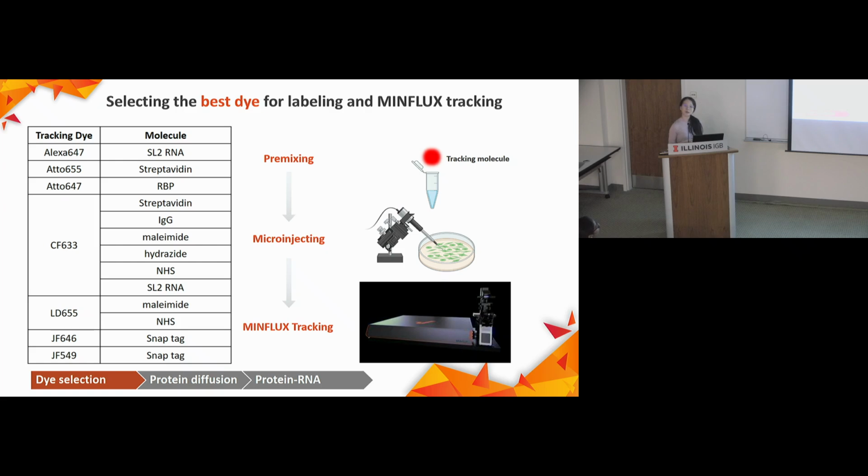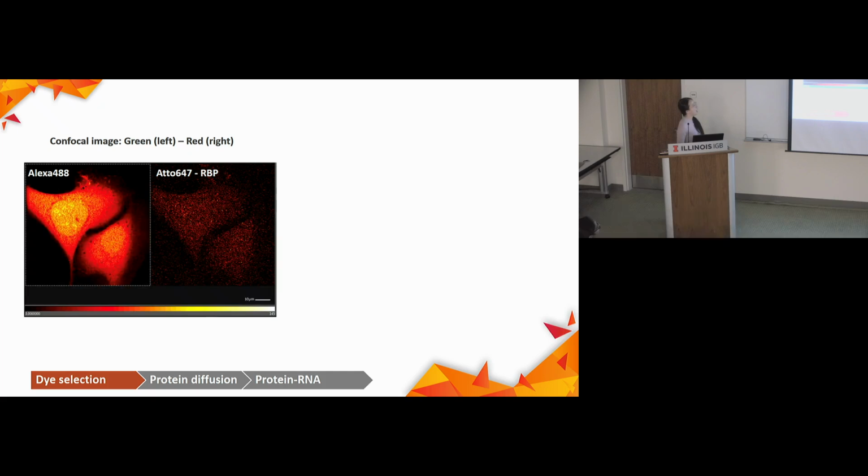So what we can get is, let me show you some example, we can get a cell image. On the left channel, we can see the cell shape because the cell is co-microinjected with a green dye that is called Alexa-488. So we can see on the green channel the cell shape clearly.